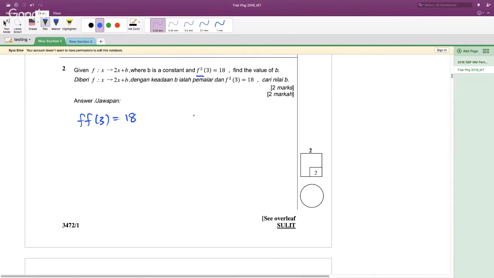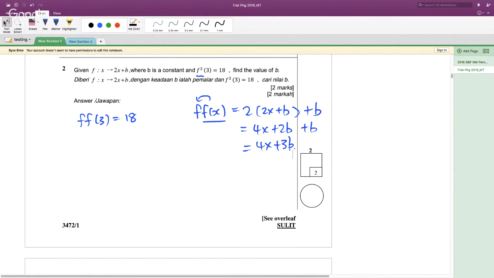What I will do is try to find ff(x). ff(x) means substituting f(x) into f(x). So I will have 2x plus b, where my x here will be f(x). My f(x) is 2x plus b. So you have 4x plus 2b plus b, so you have 4x plus 3b.